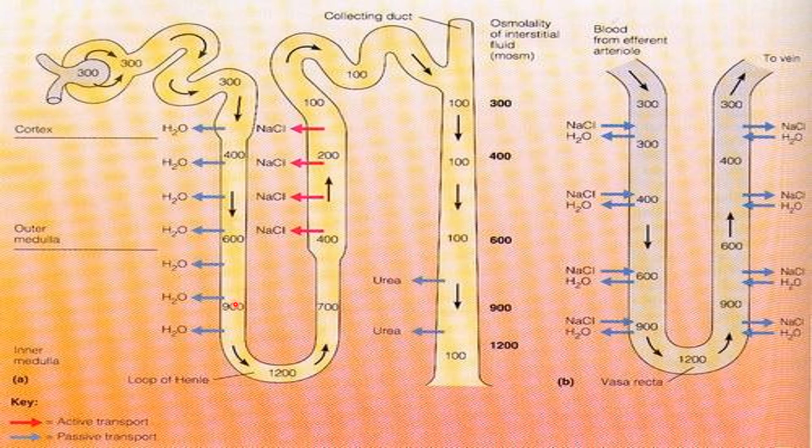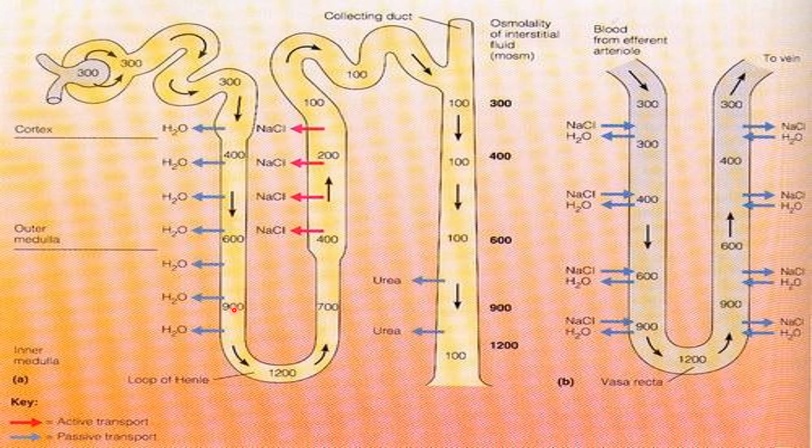As the number of salt molecules increases in the descending limb of the loop of Henle and the water decreases, the concentration will be higher. It means there will be the production of a hypertonic solution. Hypertonic solution means the amount of salts is greater than the amount of water inside the descending limb. So there the concentration is higher.